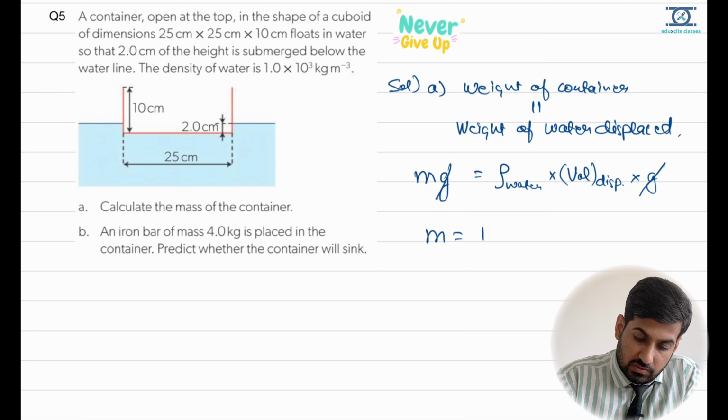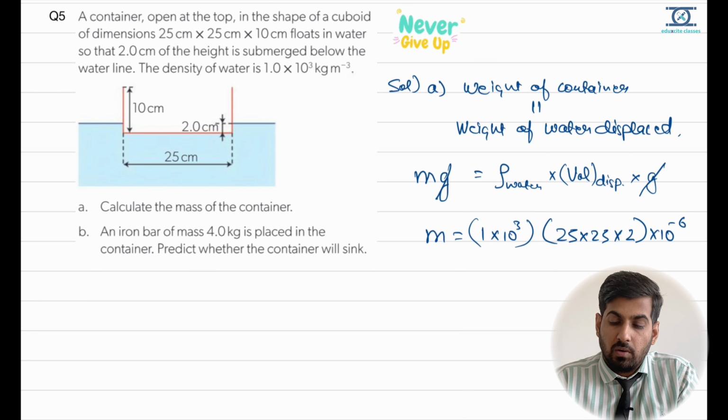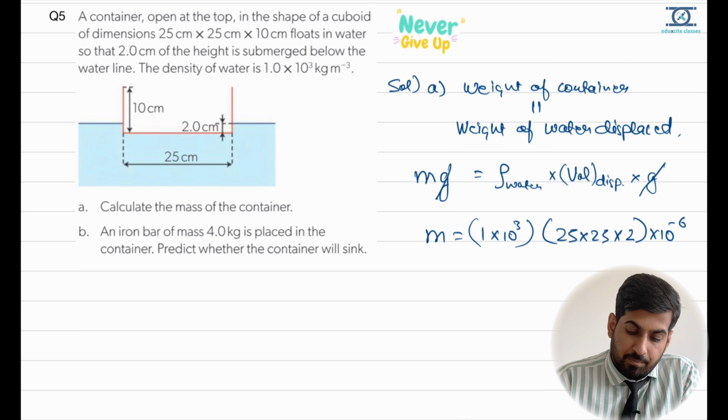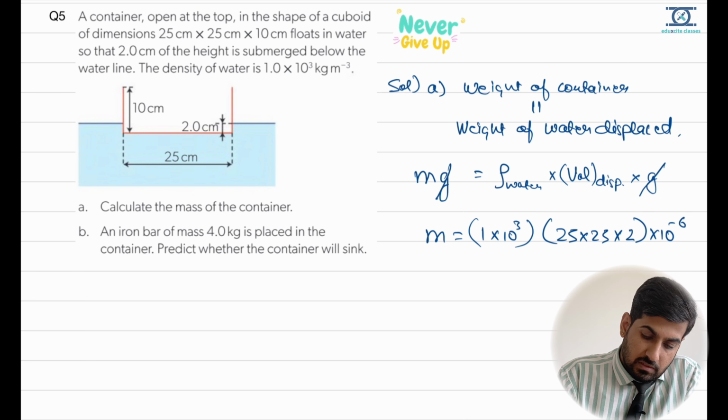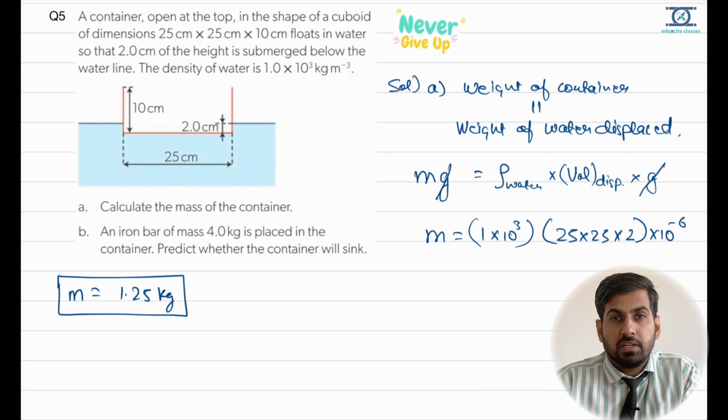So mass is equal to 1 into 10 raised to power 3, the density of water, times the volume displaced, 25 into 25 into 2, all in centimeters. You have to convert this into meters, so into 10 raised to power minus 6. If you solve this, the mass comes out to be about 1.25 kg. So this will be the mass of the container.